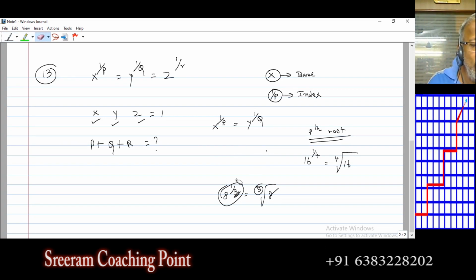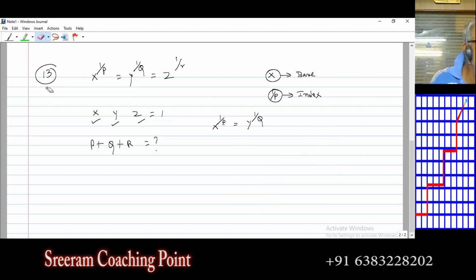In order to remove that p from our observation and make it a whole integer without any association with the index, we will take the pth power. This is the pth root, so we will raise to the power p on either side. X to the power 1 by p to the power p, which I have to do for the right hand side also. So we take p times the index.